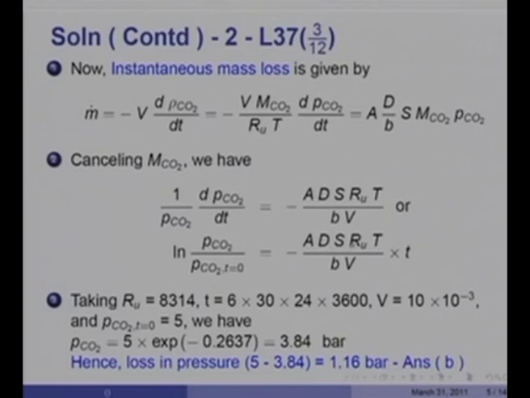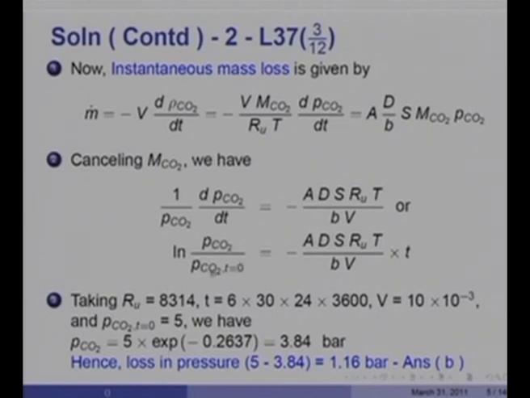So, Ru, as you know, the universal gas constant is 8314. The time in seconds for 6 months would be 6 into 30 into 24 hours into 3600. The volume itself being 10 liters is 10 into 10 raised to minus 3, and the initial pressure is 5 bar. Therefore, after 6 months the pressure would be, if we substitute all these values here, you will see 5 into ln of this is this.